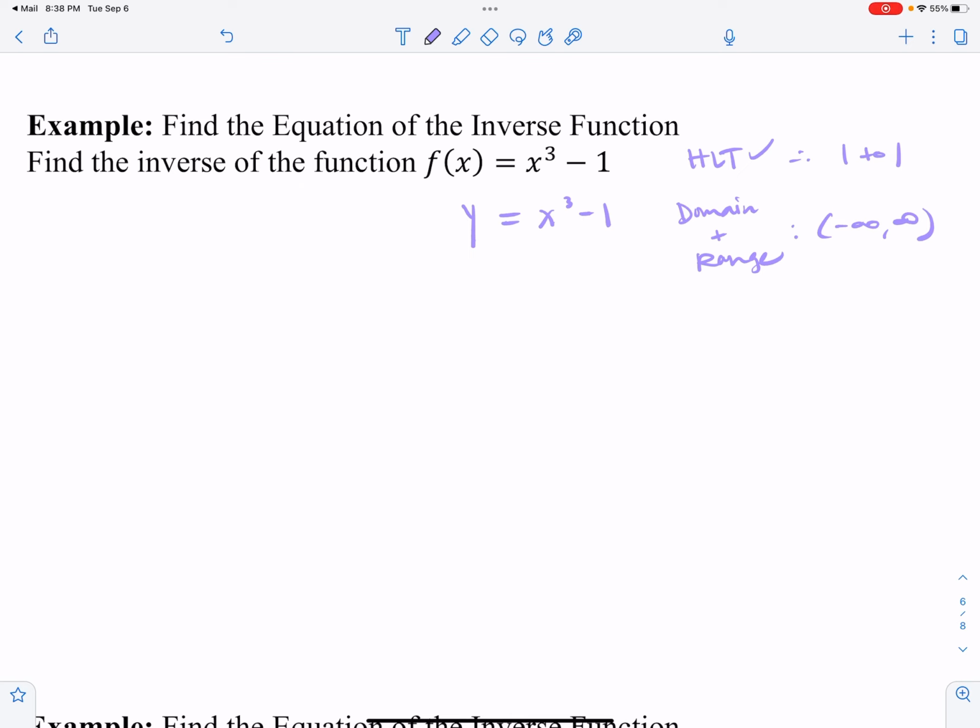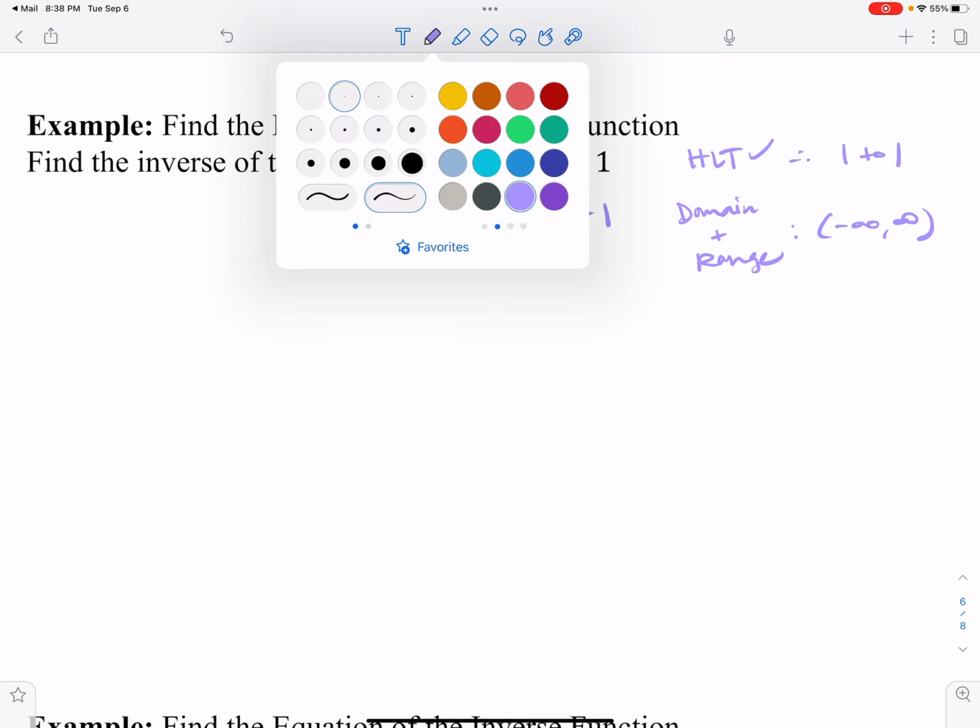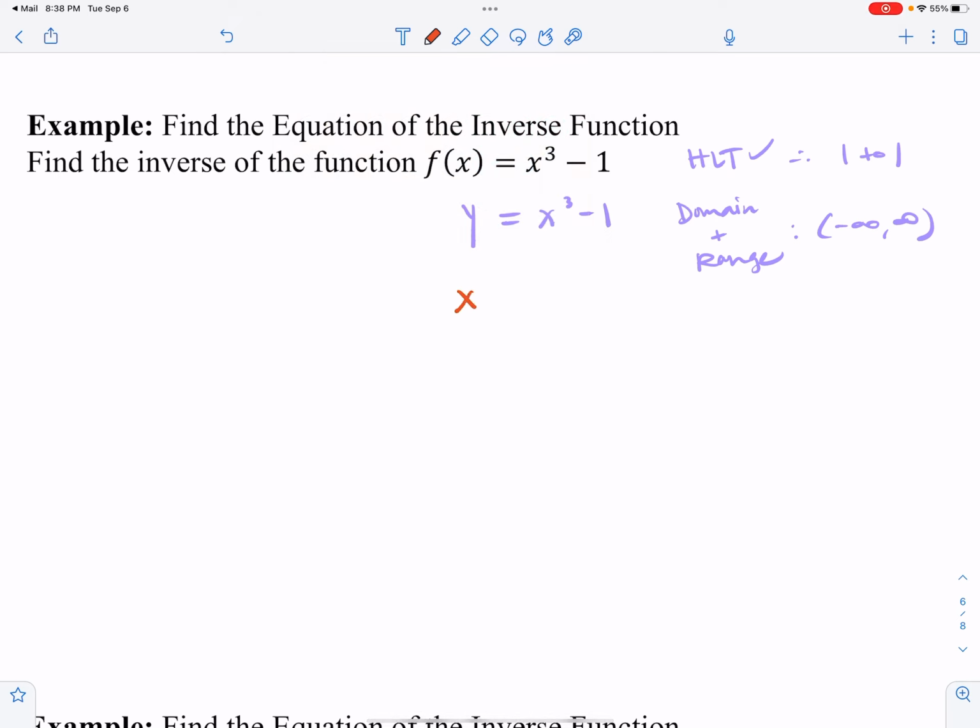Okay, so switching x and y, here I'll switch colors. Switching x and y, we can now solve for y in terms of x. So if I add 1 to both sides of the equation, and then to isolate y, take the cube root.